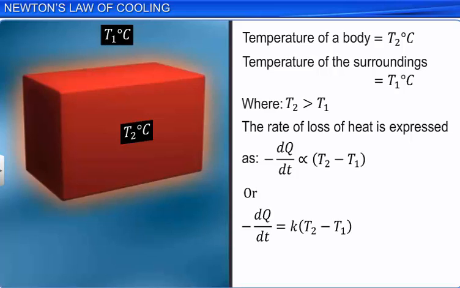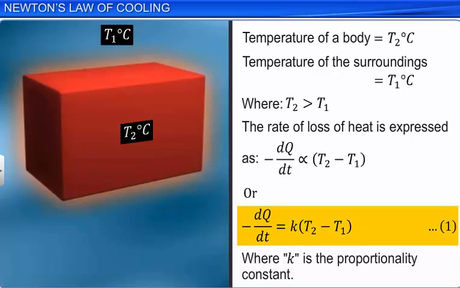Let this be equation 1, where K is the proportionality constant, which depends on the area and nature of the body.